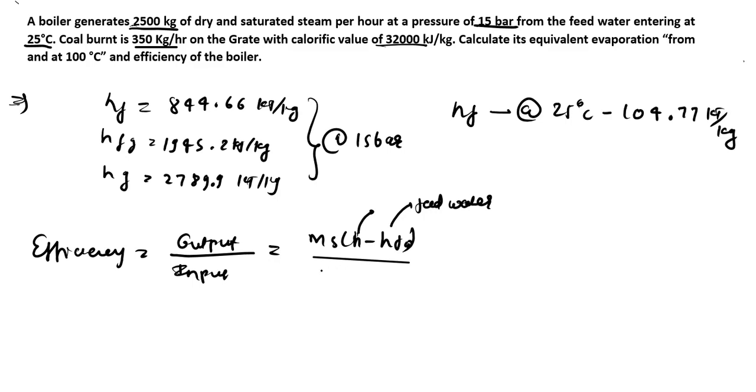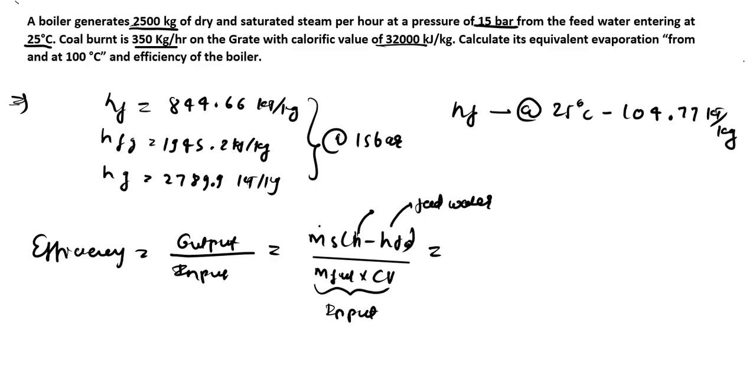The input is the mass of the fuel, the coal which we have given, times the calorific value of the fuel. This is the total energy we have inputted into the boiler, and the output is expressed in terms of energy.